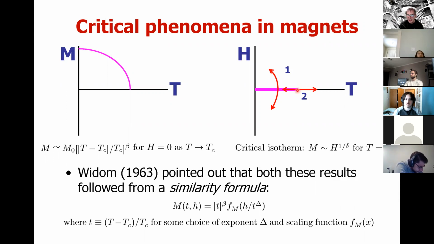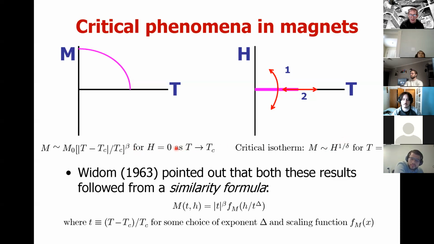So if you sit at Tc, that means you're sitting on the critical isotherm. And if you then ask, how does the magnetization depend on H? Normally you would say M should be proportional to H, and that would be Curie's law. But at Tc, that breaks down. It goes as some weird power of H, and we conventionally write that power in terms of a critical exponent, little delta, as H to the power 1 over delta.